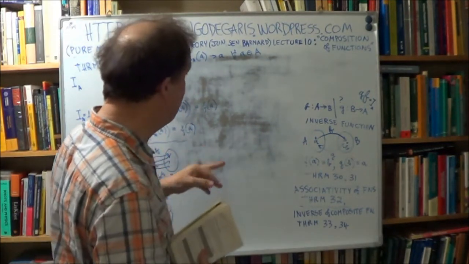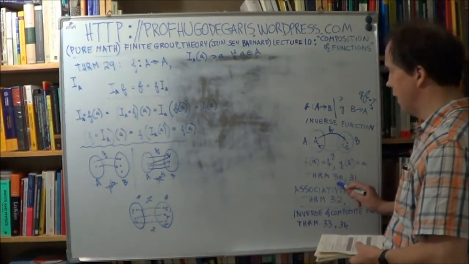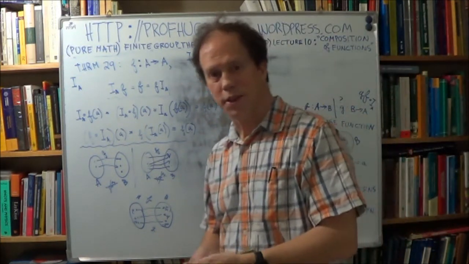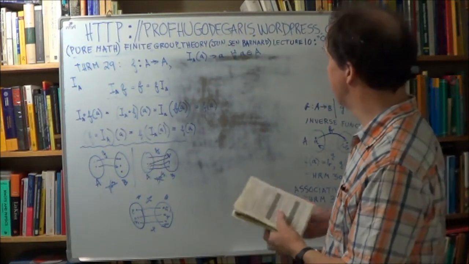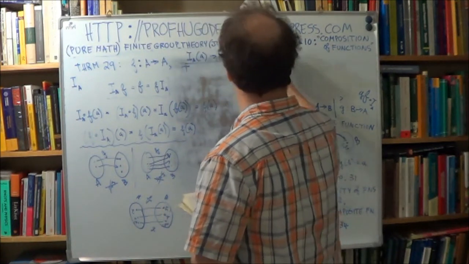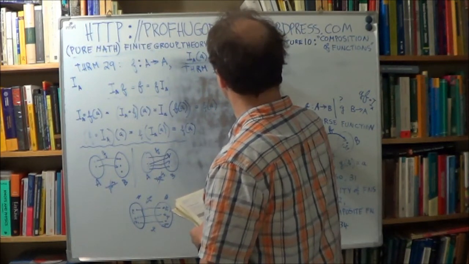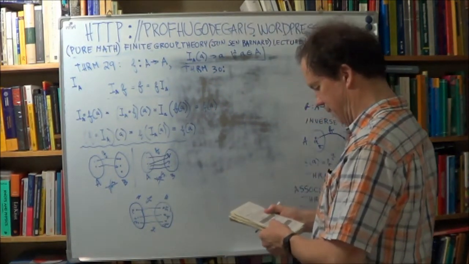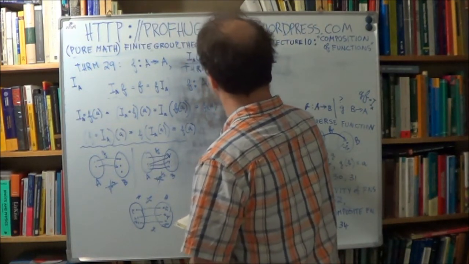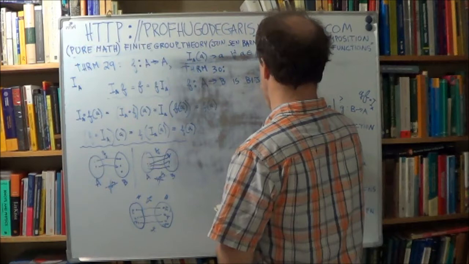Okay, so that's what theorem 30 says. And it's quite a long theorem, so requires some patience. So I will state it here. So theorem 30 says f that maps A to B is bijective.